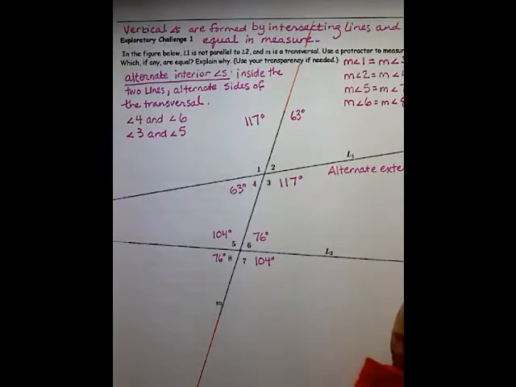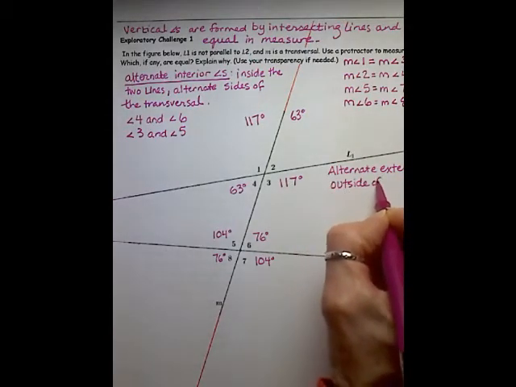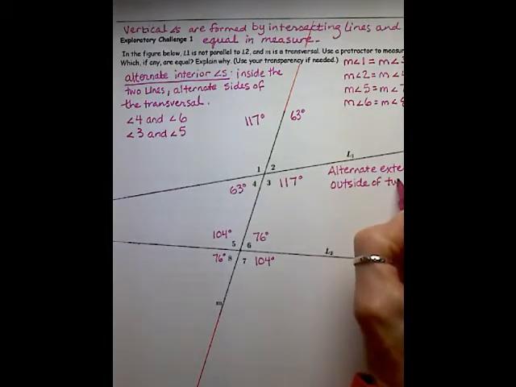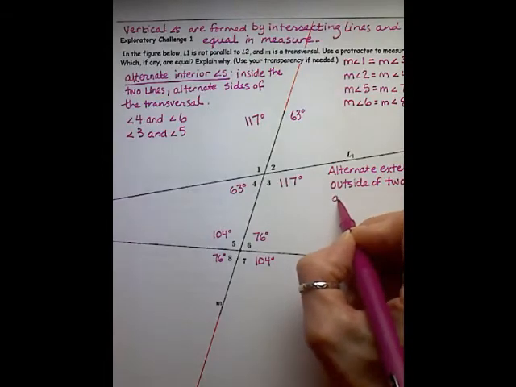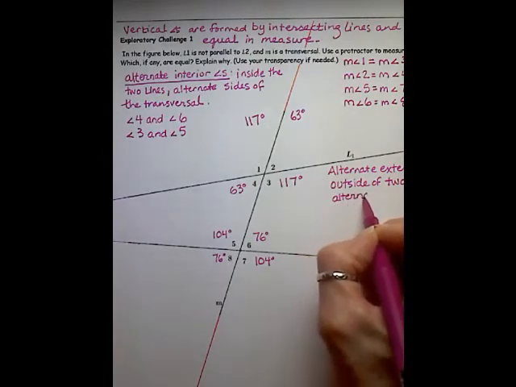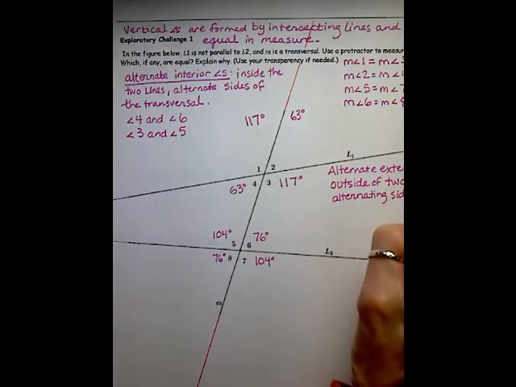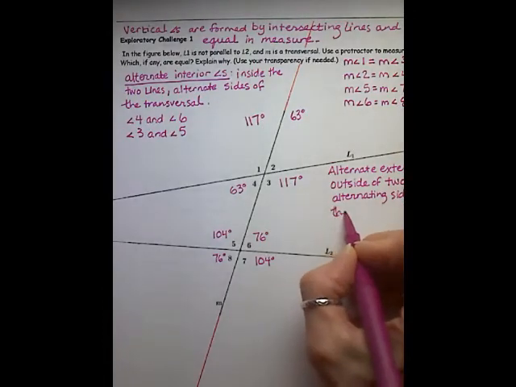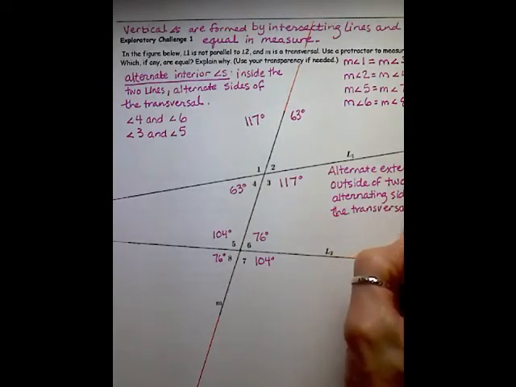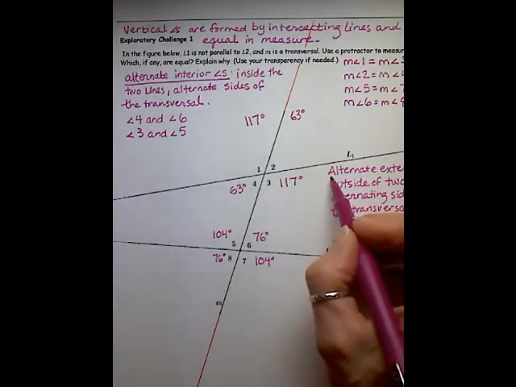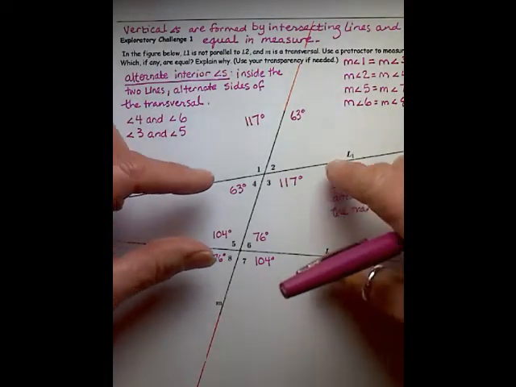And alternate exteriors, they are on the outside of the two lines, alternating sides of the transversal. Alternate exterior angles. So these are our two lines.